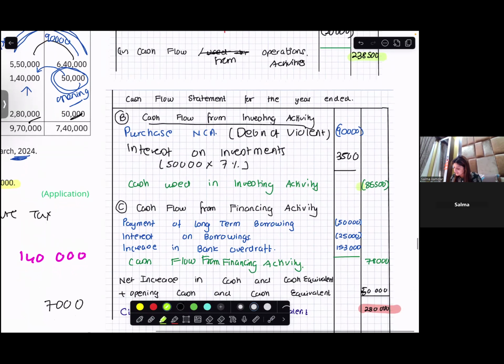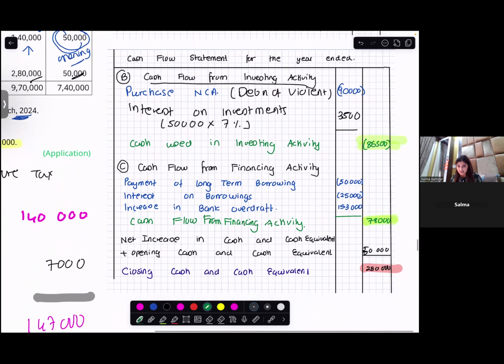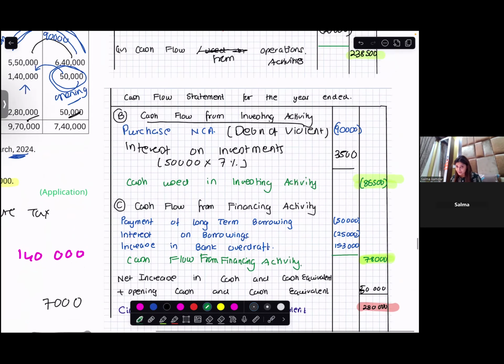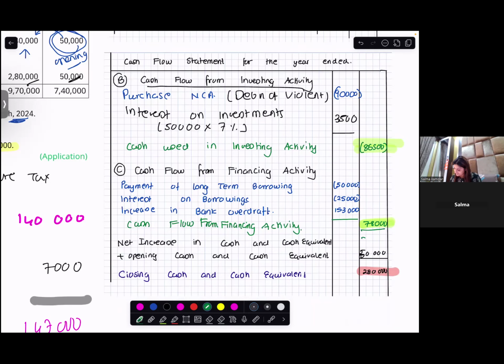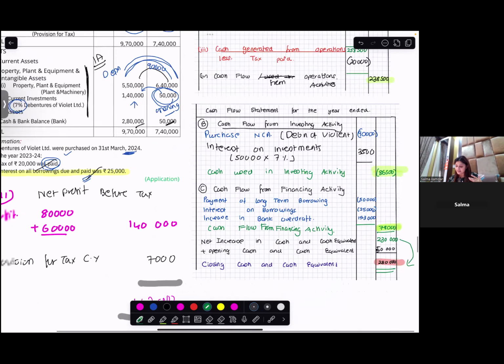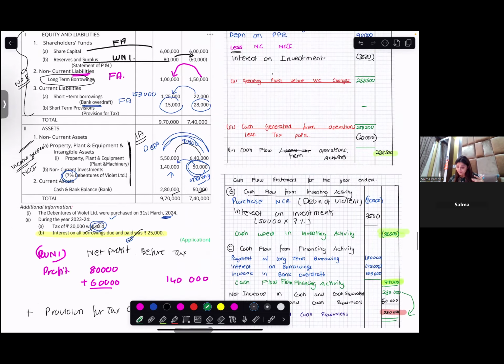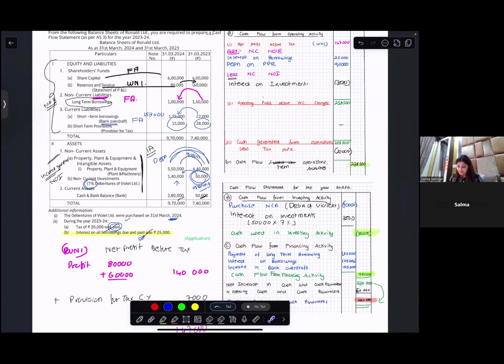Cash from operating activities, investing activities, and financing activities. I have a positive amount of net increase in cash and cash equivalent, which is 230,000. And 230,000 plus 50,000, I am getting a closing balance of closing cash and cash equivalent, which suggests that my answer is completely correct.